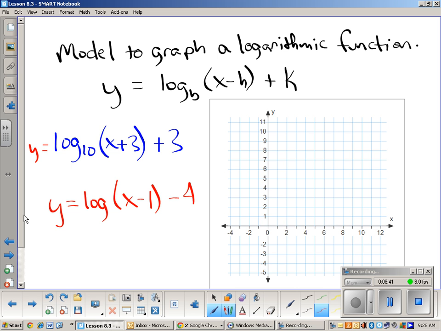A model to graph logarithmic functions: y is equal to log base b of x minus h plus k. Similar to some of the things we've been doing with the exponential graphs.